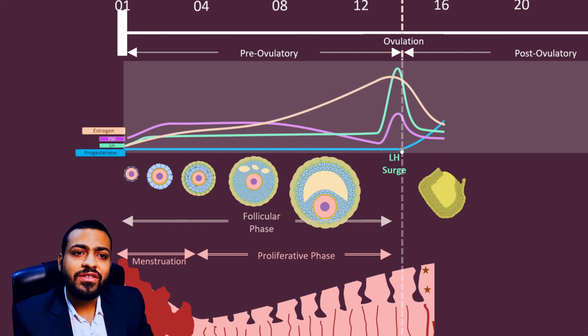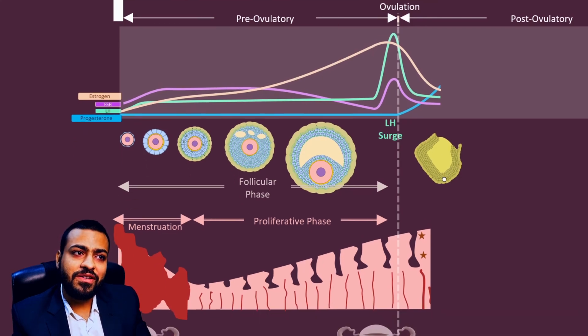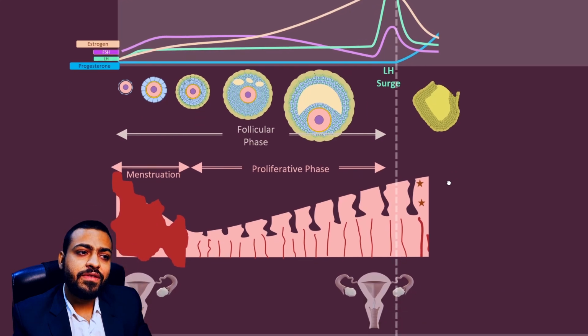It also causes luteinization of granulosa cells, which are converted into lutein cells, and the structure that remained behind is corpus luteum, and formation of corpus luteum demarcates the start of the post ovulatory phase.